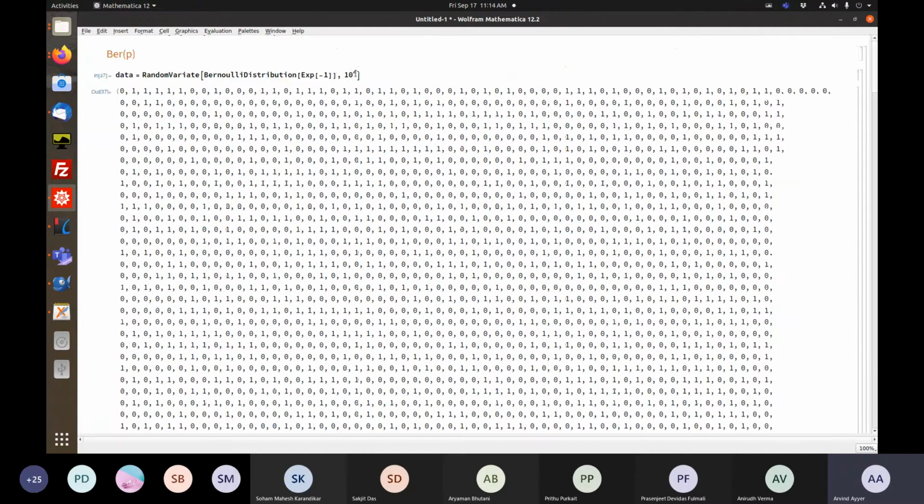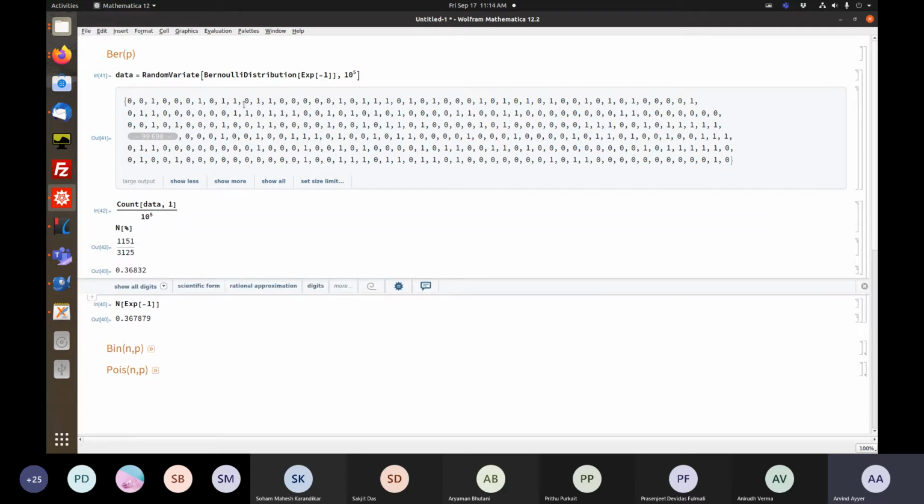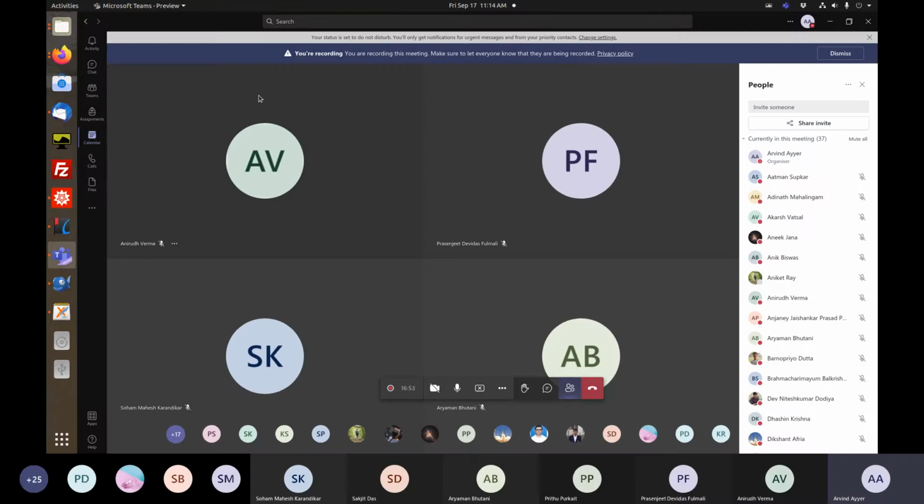If you like, I can make it a million, and now I should change this also. Again, here it's maybe slightly better. People have tested these algorithms fairly well, and there is a way to simulate from any distribution, which I will maybe tell you at some point.